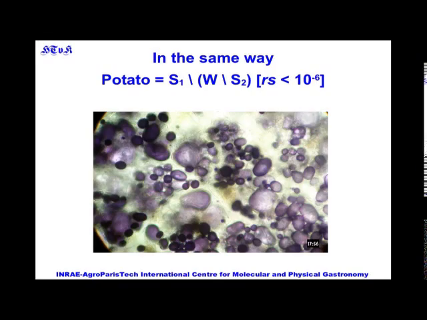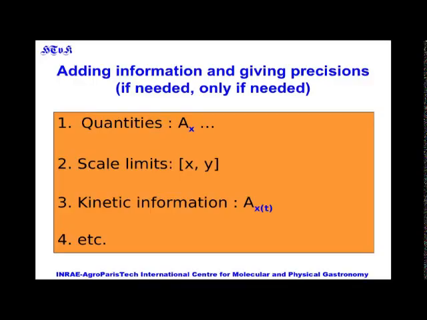And these cells are made of water, W, into which starch granules, S2, are dispersed. And now the reference size is 10 to the minus 6 meters. Very simple. You just describe what you see at a certain level.